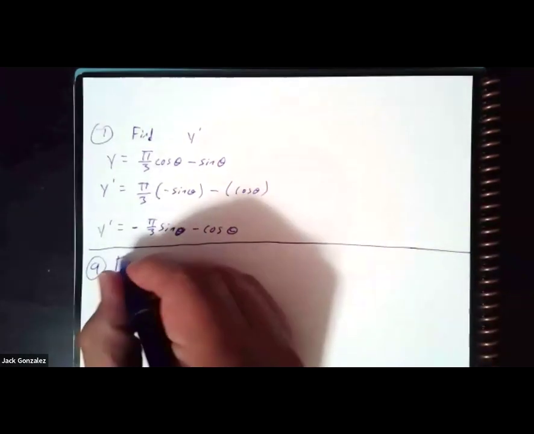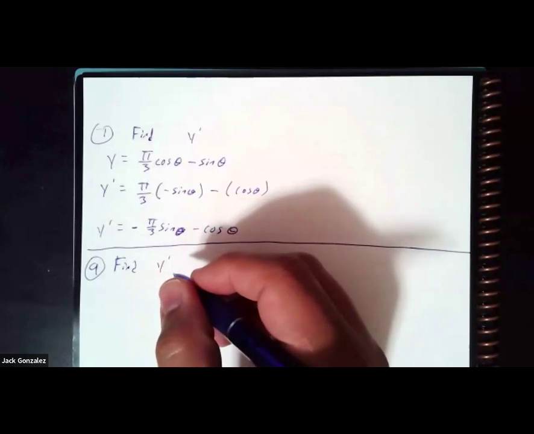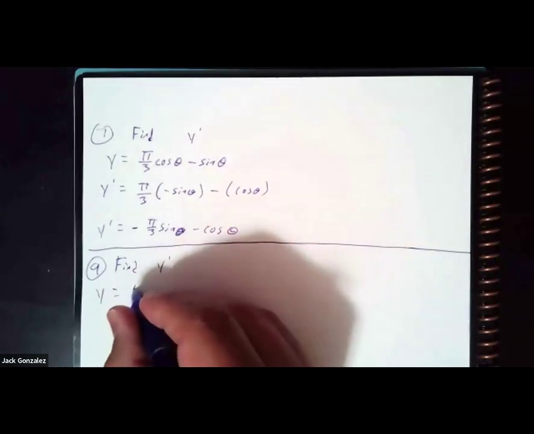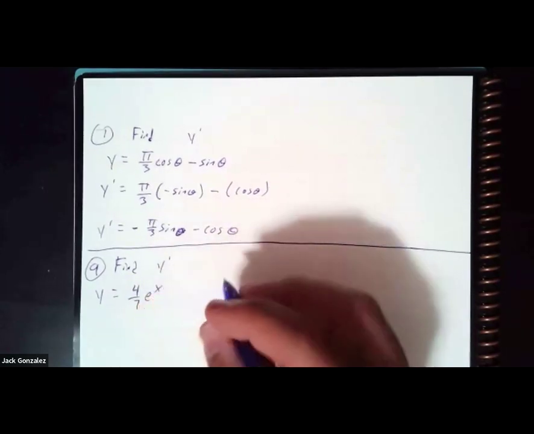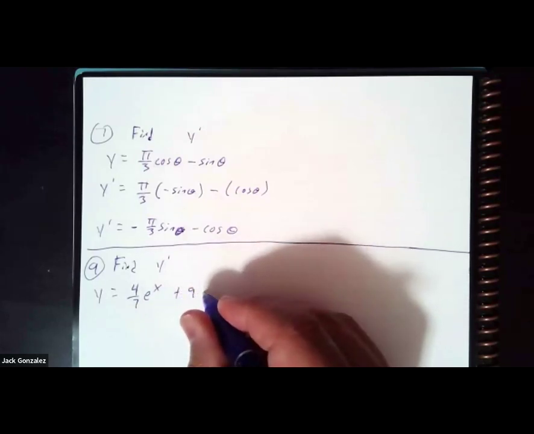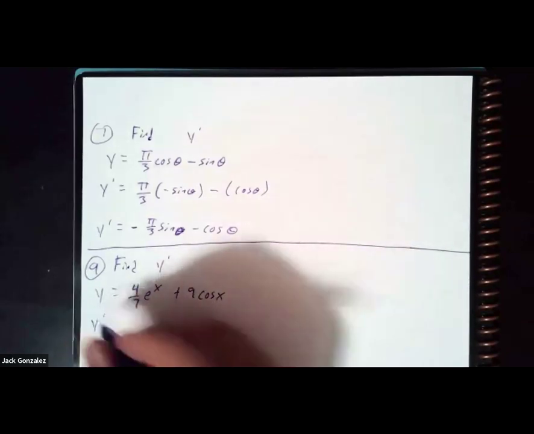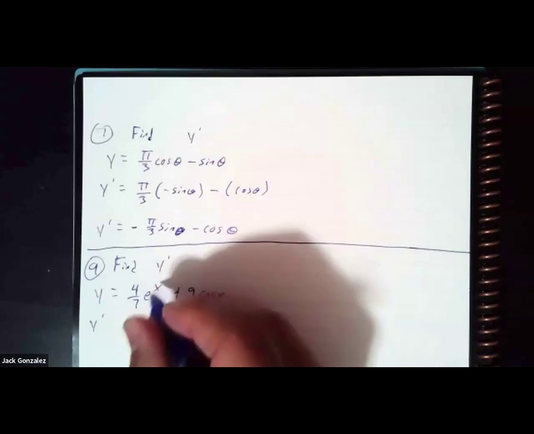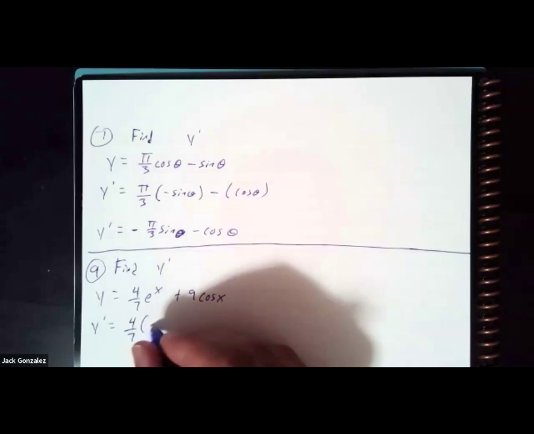All right, one last question and then we'll take roll. Here we have an exponential and a trig function. So the rule says the derivative of e to the x is just itself. So it doesn't change.